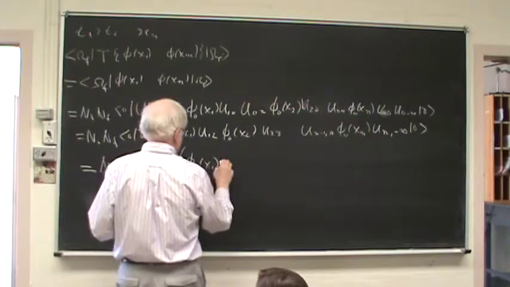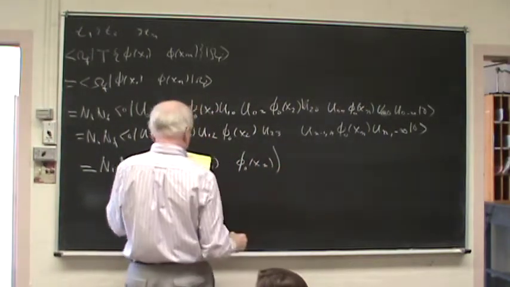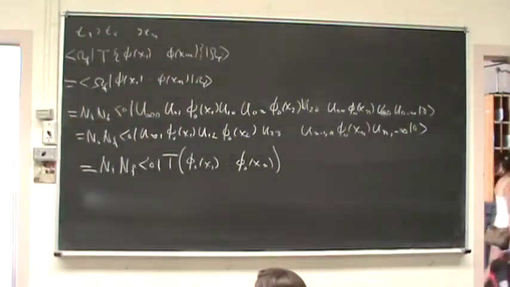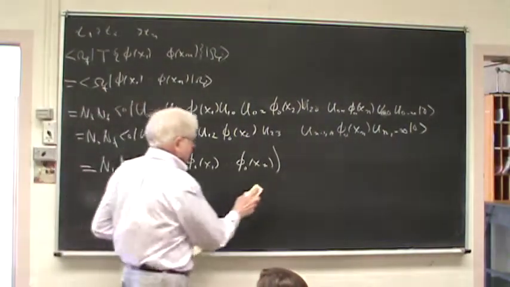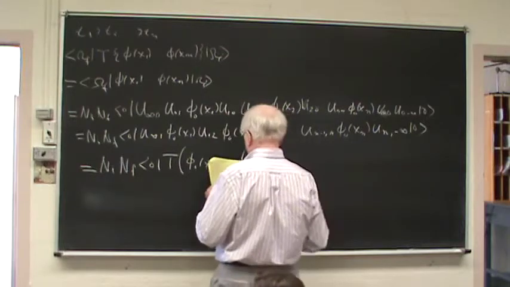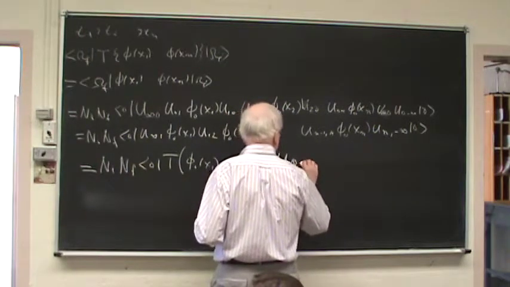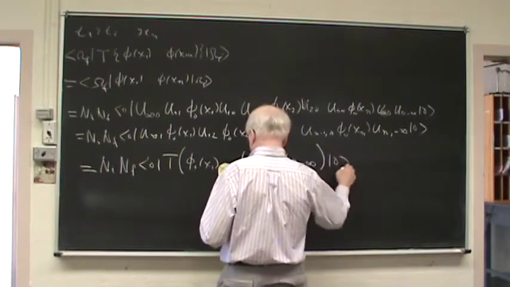The time ordering fixes everything. So this is the product of the fields. All right, what we have then here is U infinity minus infinity, n parenthesis 0.